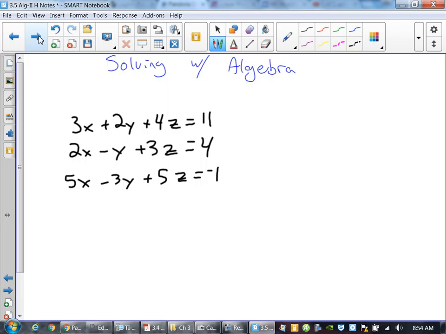Whenever I do these things, I look for ones that have opposite signs. In this case, I'm drawn to this secondary equation because I have a negative y. I can use that as a scalar to eliminate the 2y above it. I can use this as a scalar to eliminate the 3y below it by only having to multiply one equation out. Now, it would be great if this 3y in the third equation was positive, then I wouldn't have to worry about subtraction at all.